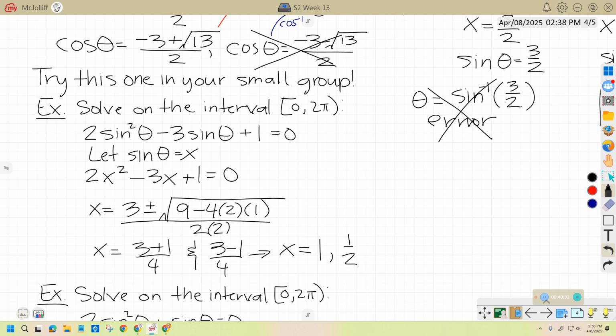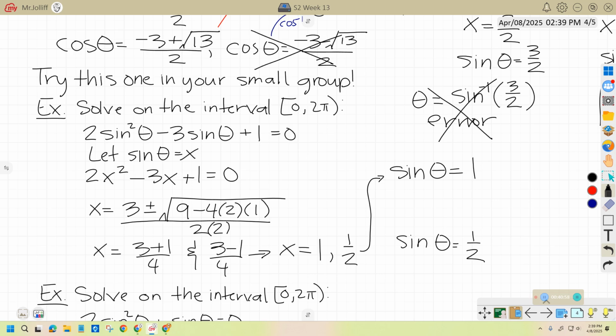I see nodding. Good. And x equaled what? What did we let x stand for? Sine. So sine theta equals 1, or sine theta equals 1/2. So we check the y coordinates, sine is y.